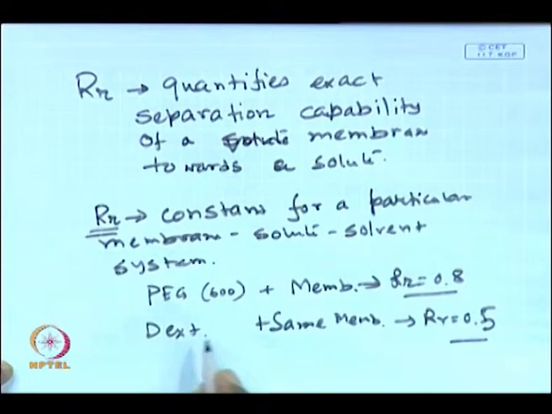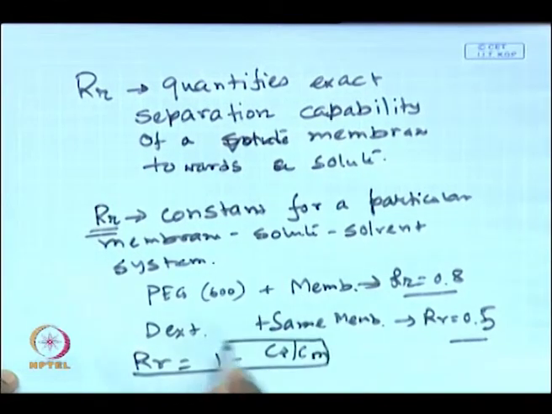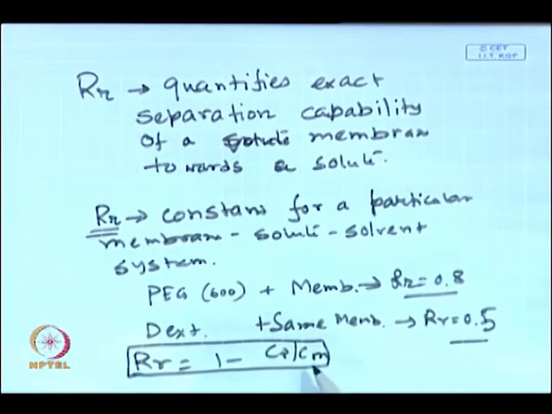Okay. So, real retention is constant, and if you look into the definition of real retention, it is basically a fundamental property of the polymer film towards the solute. It is just like a partition coefficient of the solute between the two phases, the upstream side and the downstream side of the membrane.